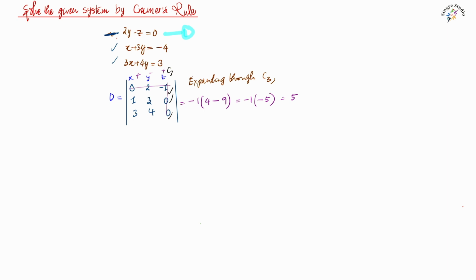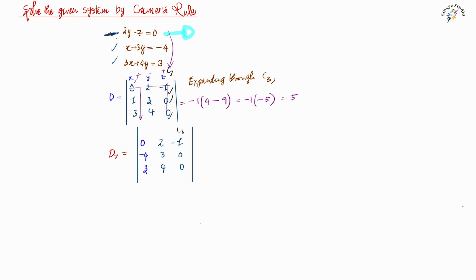Now, we have to calculate the Dx value. For Dx, we substitute the x column, the coefficients column, by the sums. So we will have now 0, -4, 3, and the rest will be the same. If we expand through C3, it will be very easy for us.